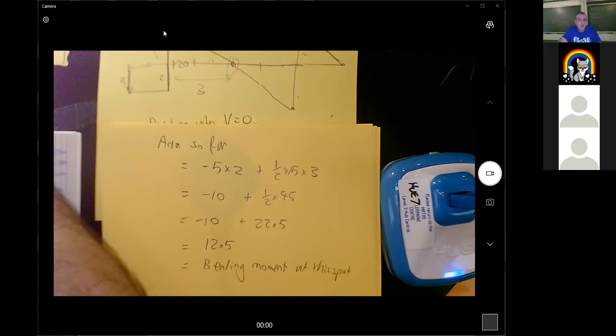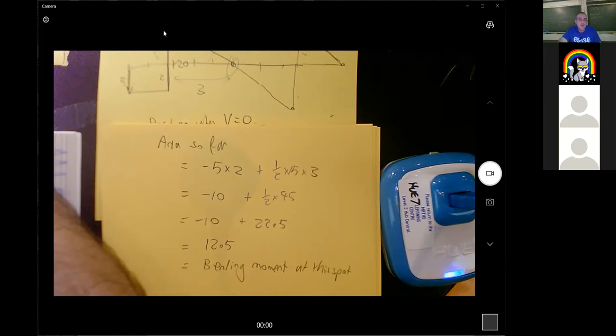W is the distributed loading. Must be here somewhere.